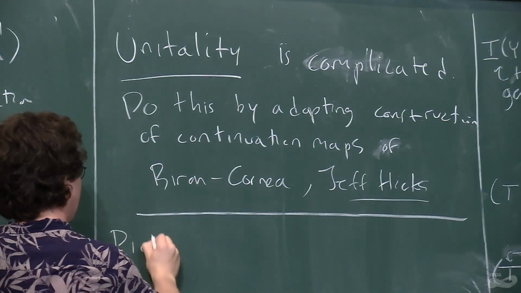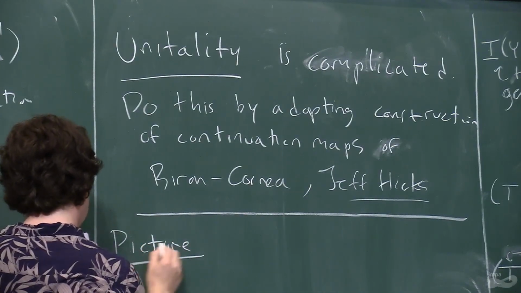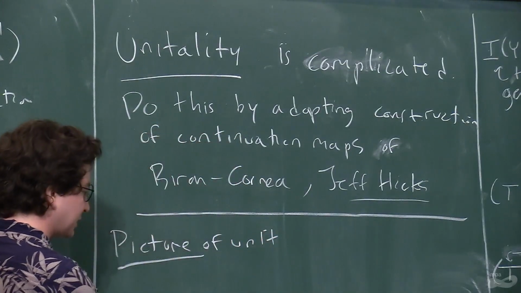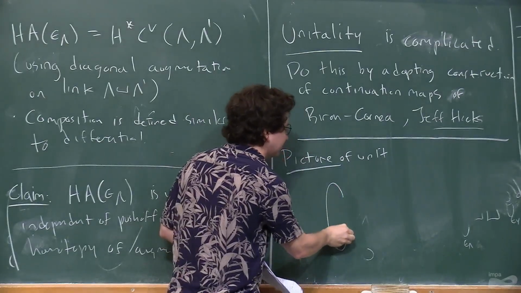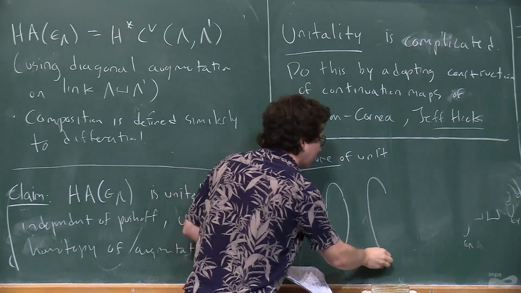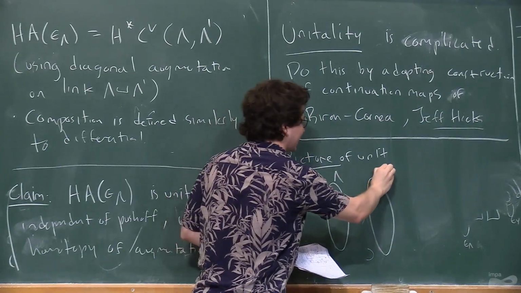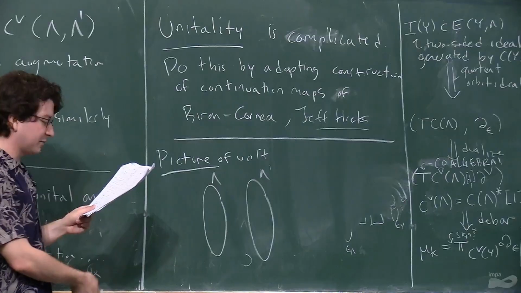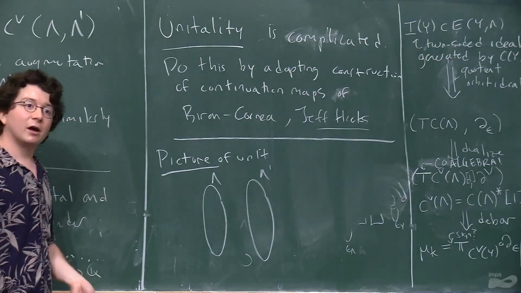But the picture of the unit, which I will now draw, is an extremely useful picture to have in mind in general for this kind of thing. Okay, so what I had before is lambda and a push-off of lambda. In this setup, there are three kinds of chords that you'll get in this picture.